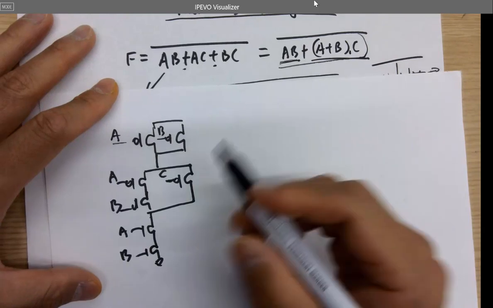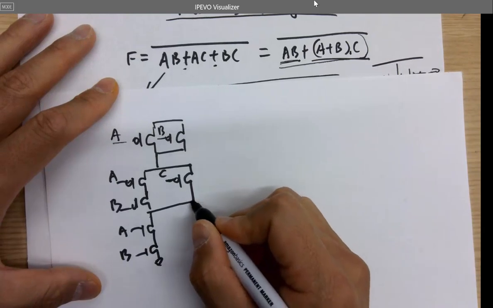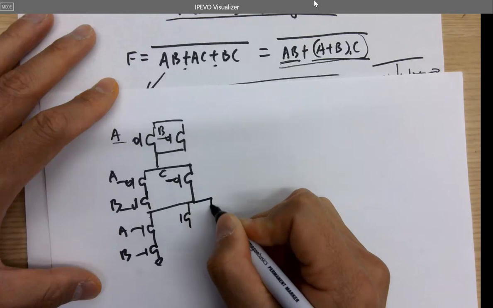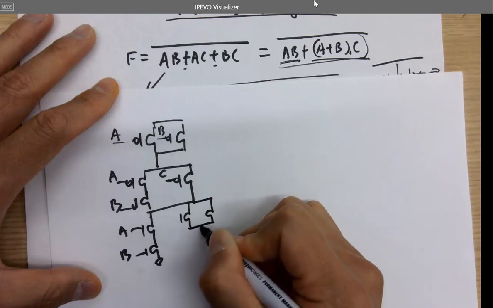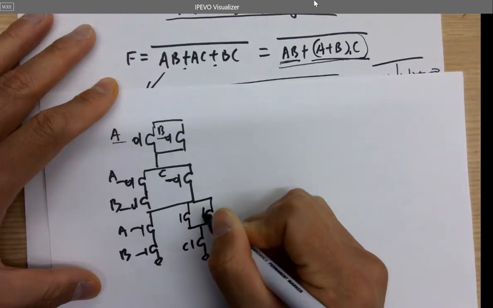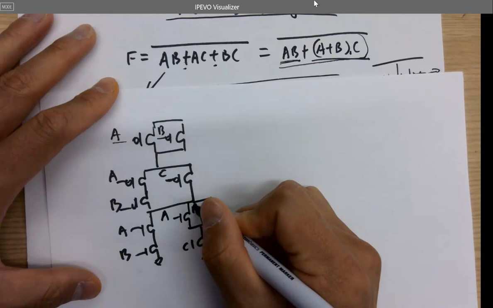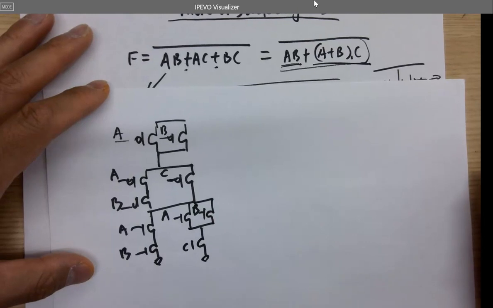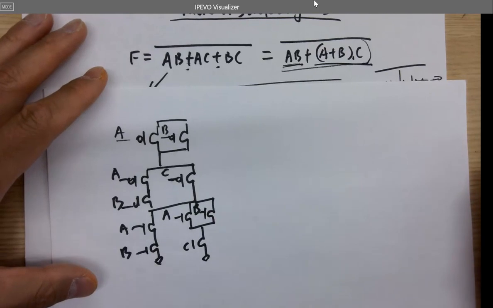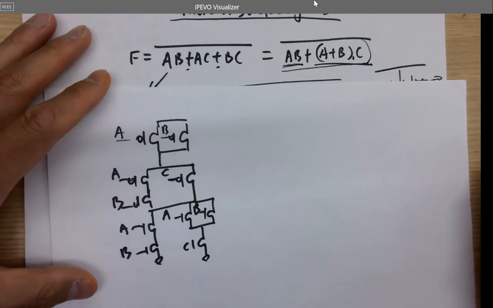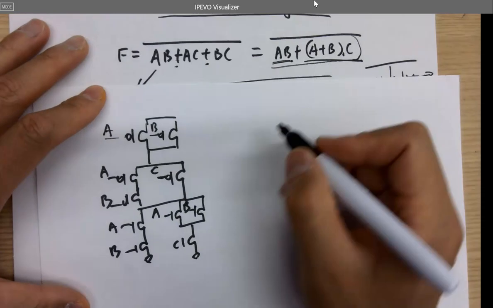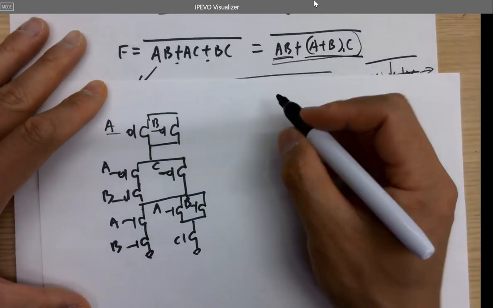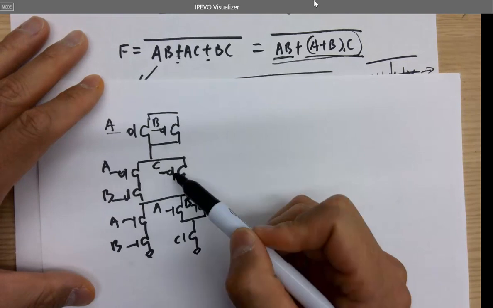These are in series, so it's going to be A B and C. That's a schematic. 1, 2, 3, 4, 5.